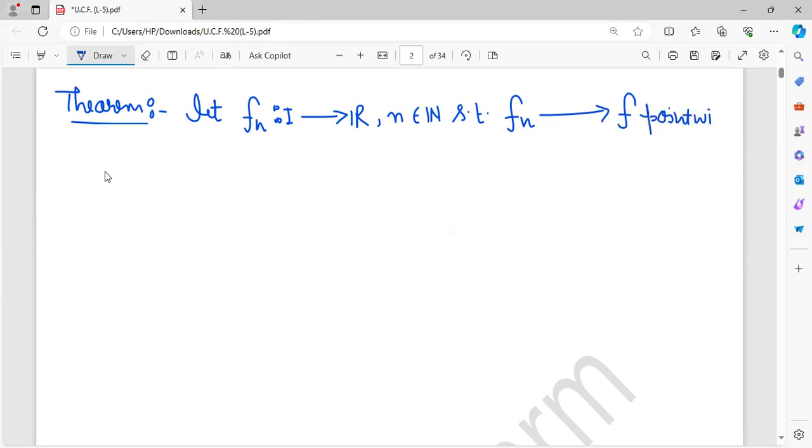It means F is the pointwise limit of Fn. What does it mean? It means the limit as n tends to infinity of Fn(x) is equal to F(x) for each x belongs to I.